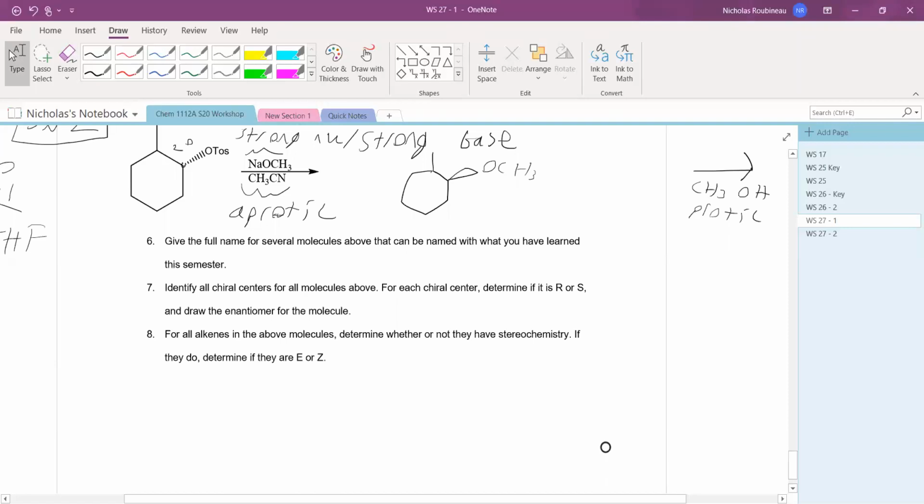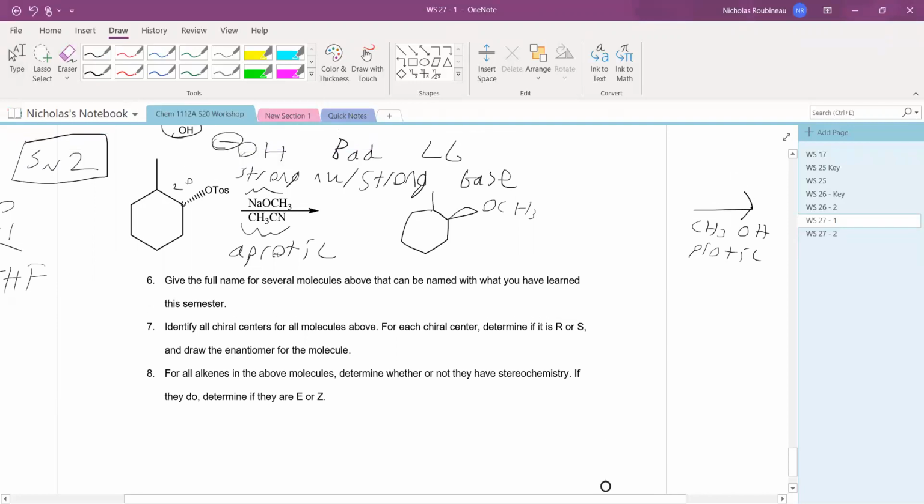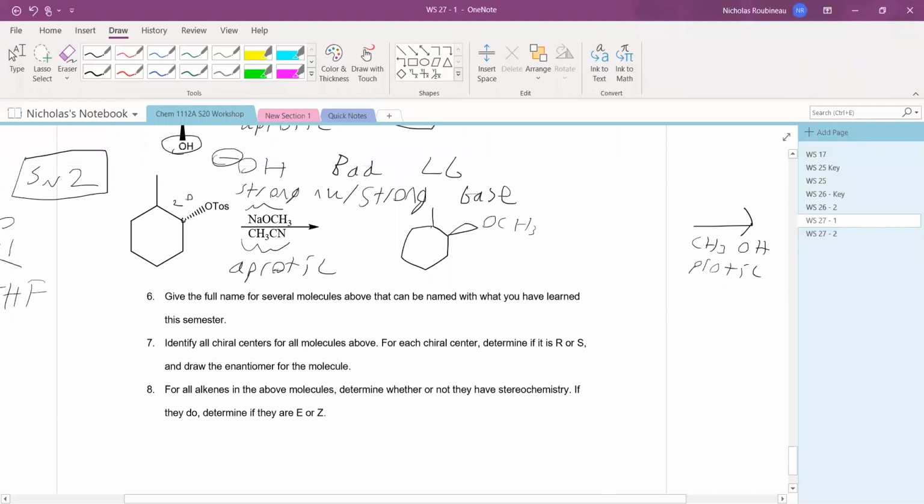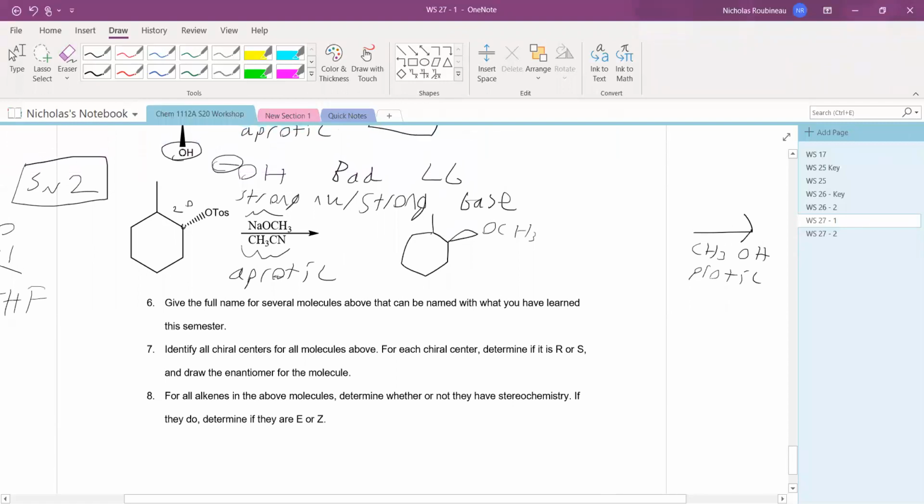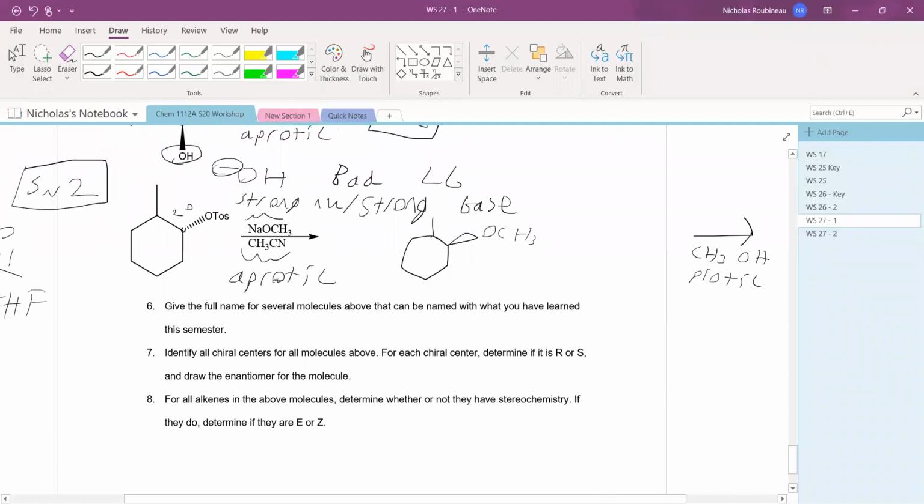There's lots of molecules in the textbook, and there's lots of molecules on the worksheets I've given you. You can just look at those, and if you want to practice naming, you can just pick one at random and name it. Or if you want to determine R versus S, you can look at all these SN1 and SN2 worksheets and figure out what the chirality is, or look at some double bonds.